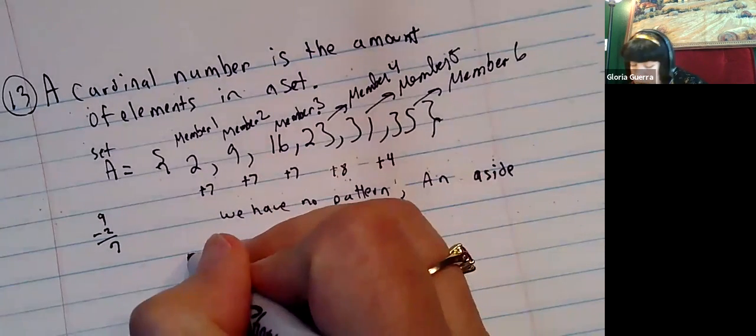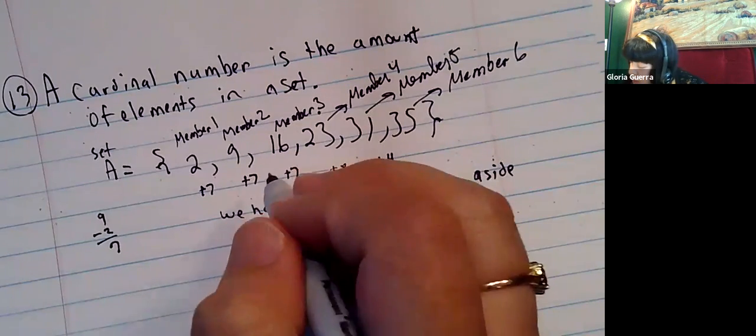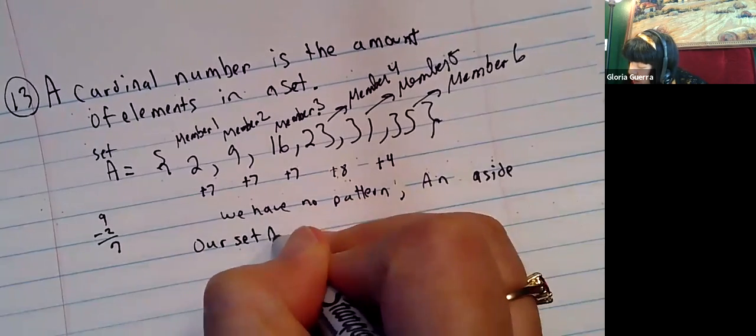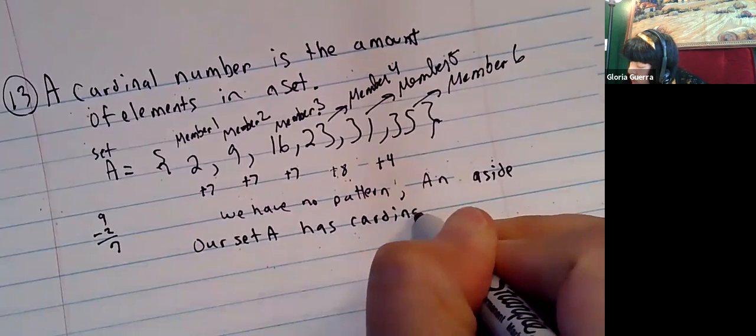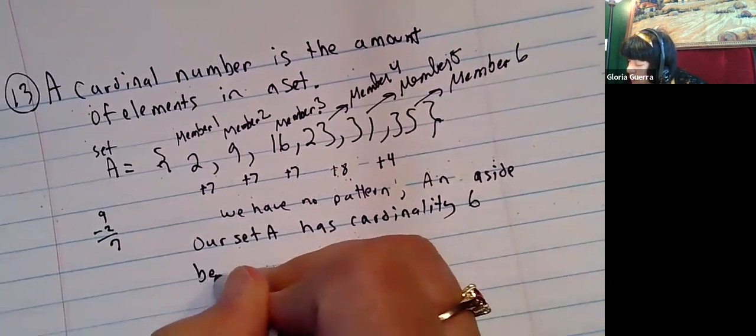And it did say A. Okay, so our set A has cardinality 6, and why is that?